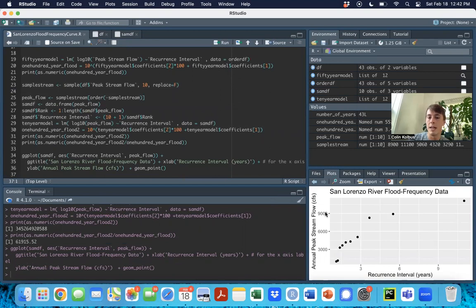On this random sample, we really only sampled those smaller, more likely events, and that 30,000 cubic foot per second flood event was not sampled in this little experiment. And so we're really overestimating because we just don't have data of a flood that size.